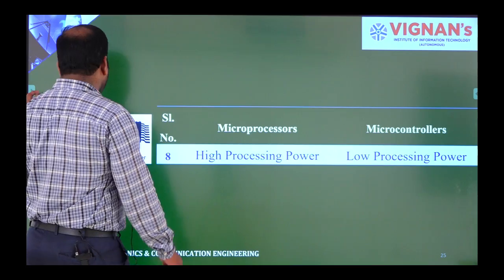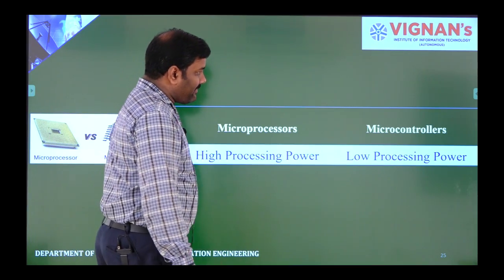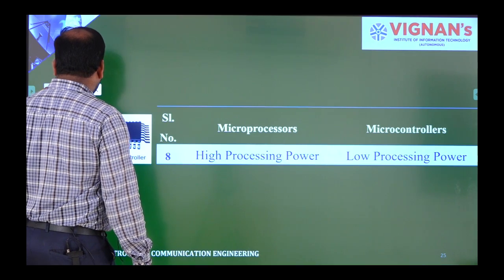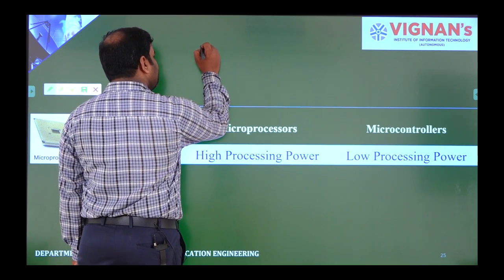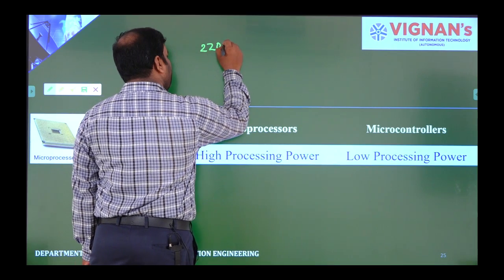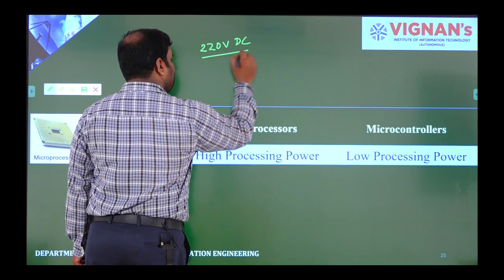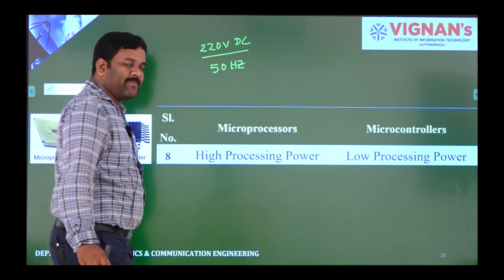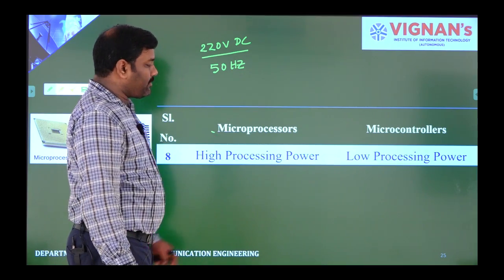So next one is microprocessors: high processing power. When you are using any system or laptop, it needs 220 volts supply voltage plus 50 Hz of frequency. It must be provided for microprocessors.